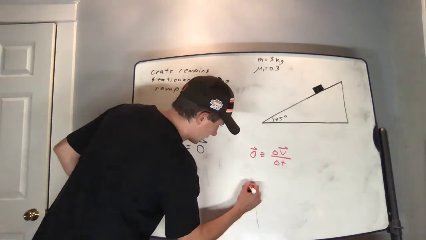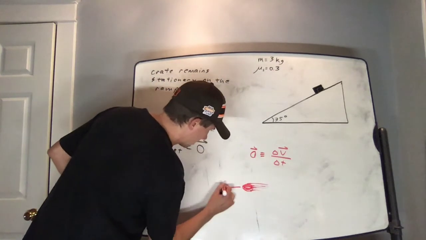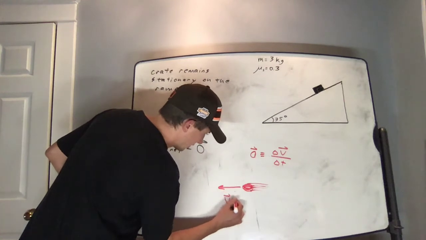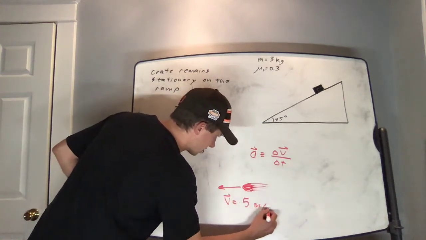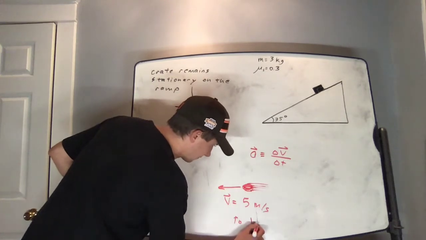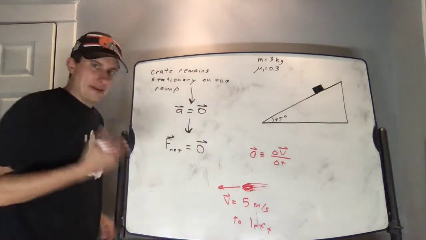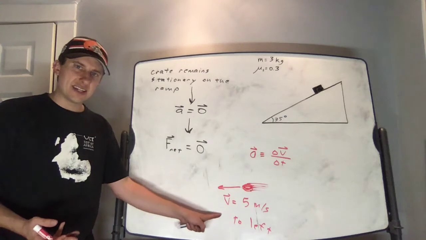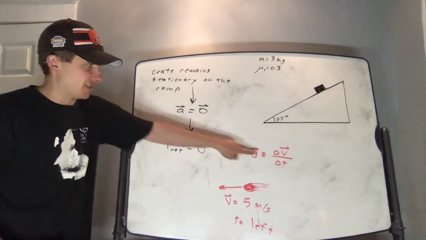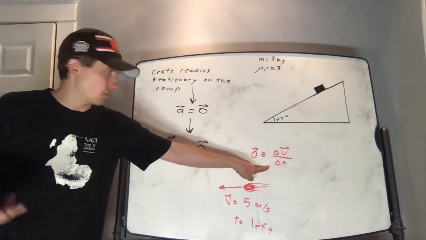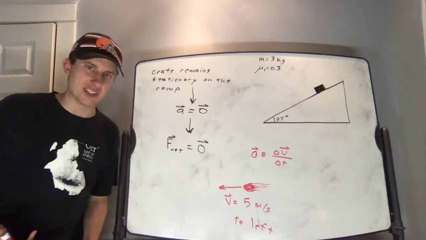So another possible scenario you might encounter where the acceleration is 0, what if I say there's a ball that is moving to the left with a velocity of 5 meters per second to the left? If this velocity remains constant, then the acceleration is going to be 0 because delta v is 0 in this delta v over delta t.